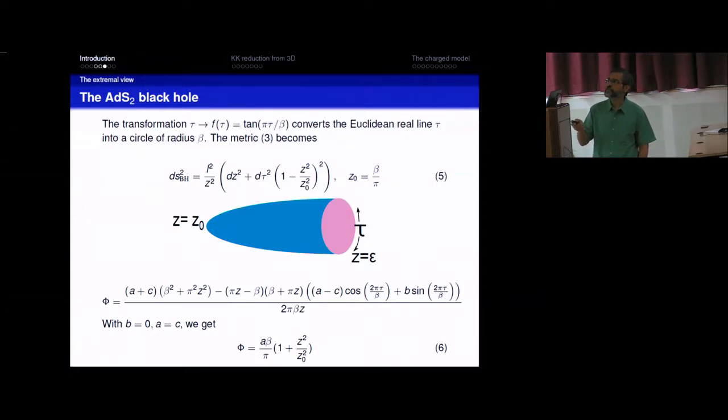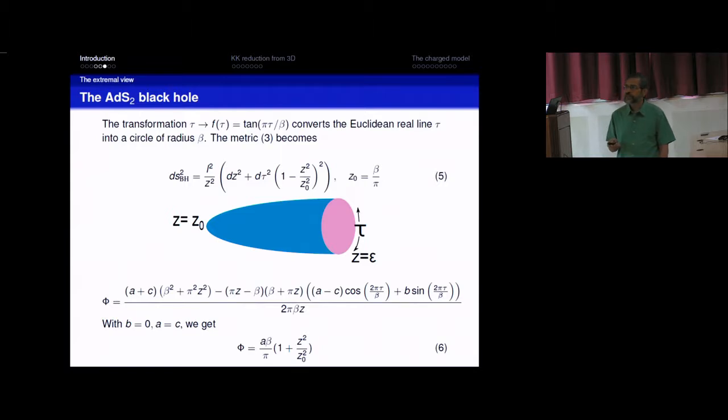And this relation is obtained by demanding that it's smooth over here. That gives you the relation between Z0 and beta, where beta is the length of this tau circle.